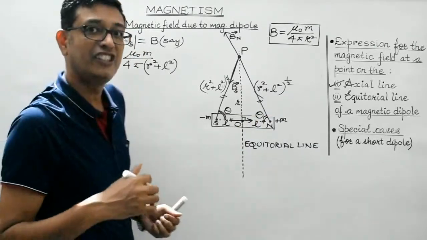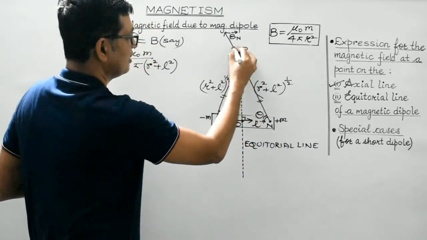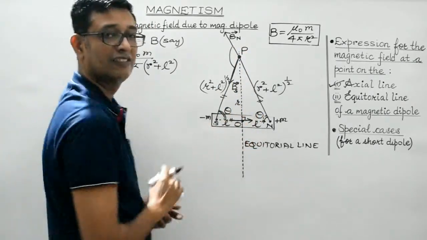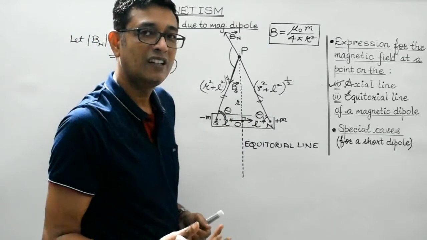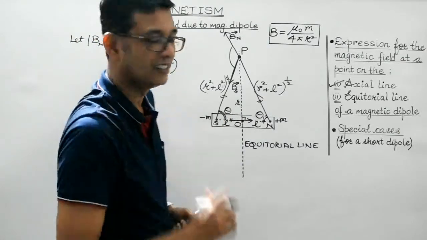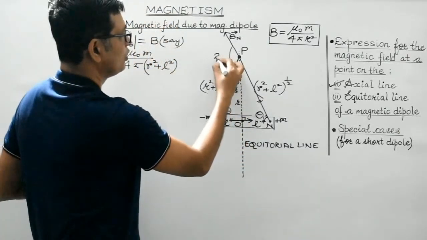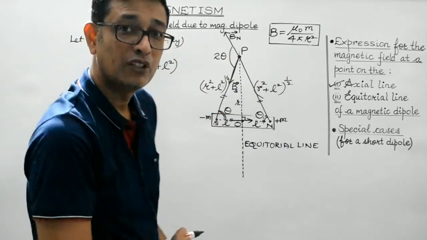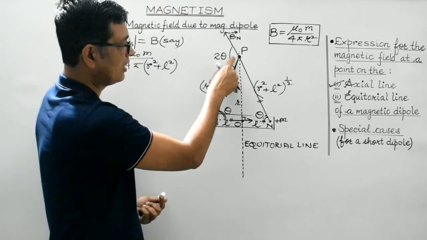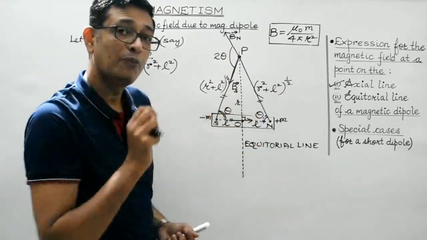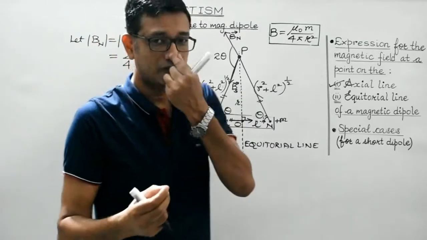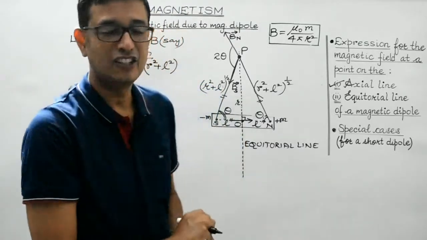So, using the exterior angle theorem, this is the exterior angle, and theta plus theta, that is 2 theta, will be the sum of the two opposite interior angles. So it will become 2 theta. Clear, students? Here what we have used is that the exterior angle is equal to the sum of the opposite interior angles.